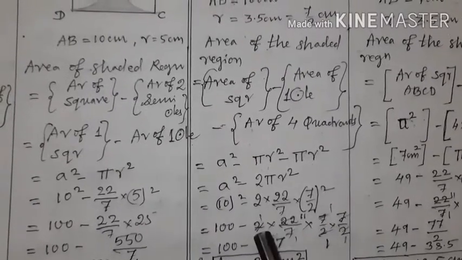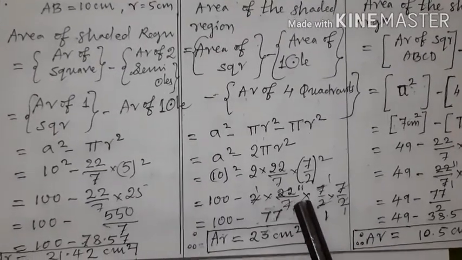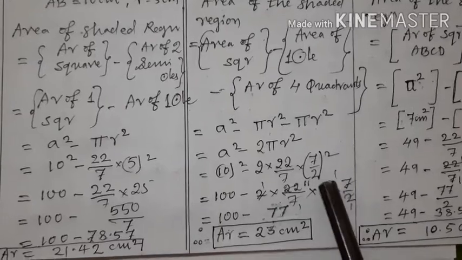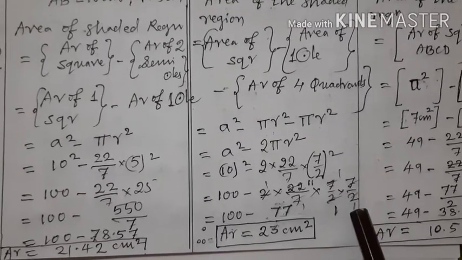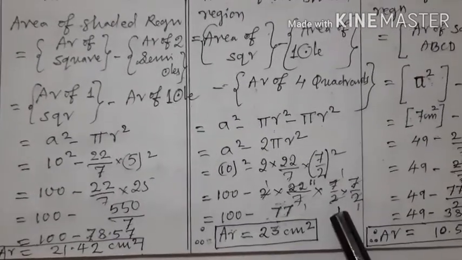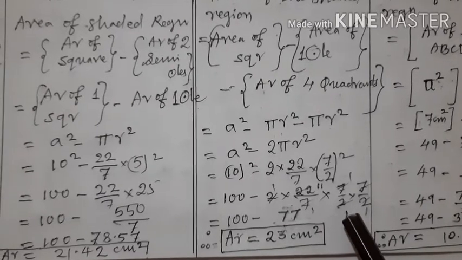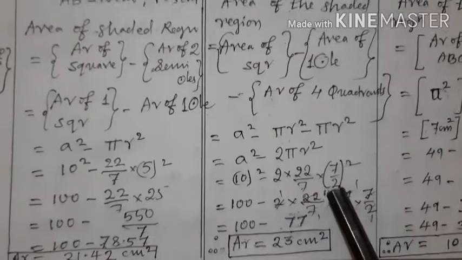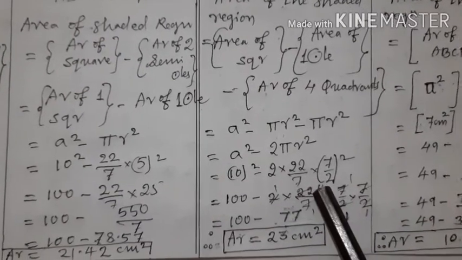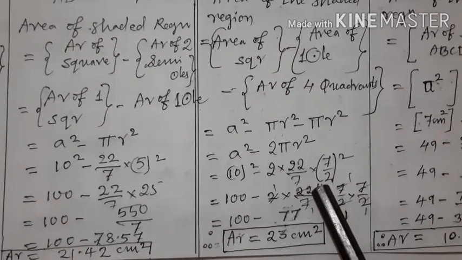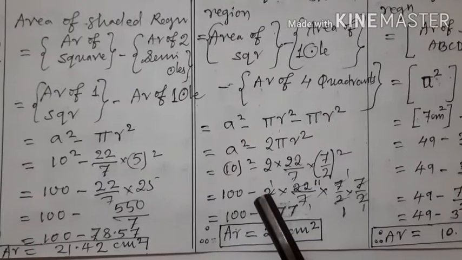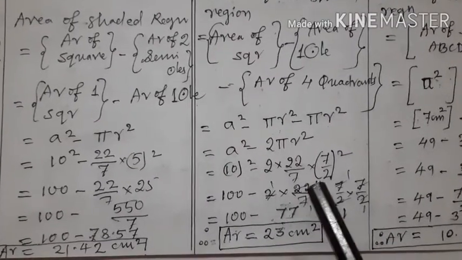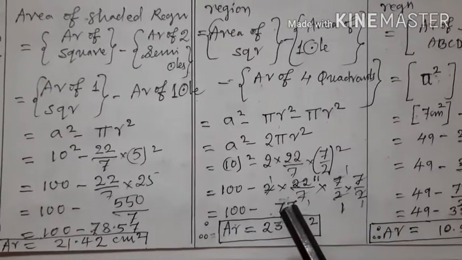So, 2 into 22 by 7 into this 7 by 2 the whole square becomes 7 by 2 into 7 by 2. Now, this cancellation takes place. 7 ones get cancelled, 2 ones and 2 elevens get cancelled, and then 2 ones get cancelled. Then we are left with 11 sevens are 77.